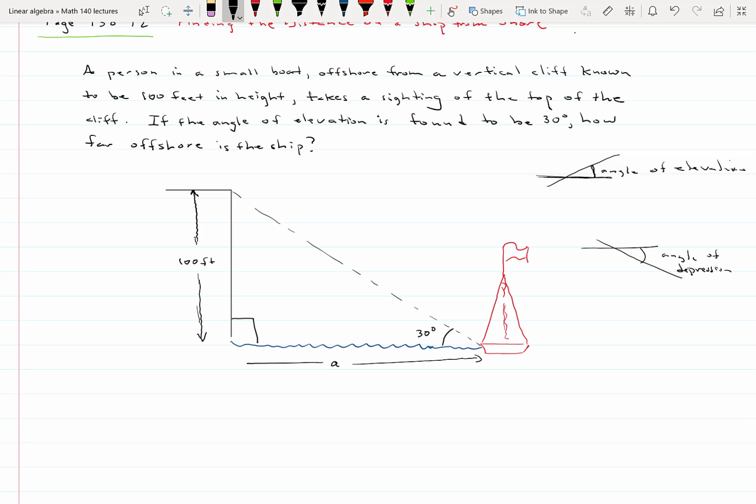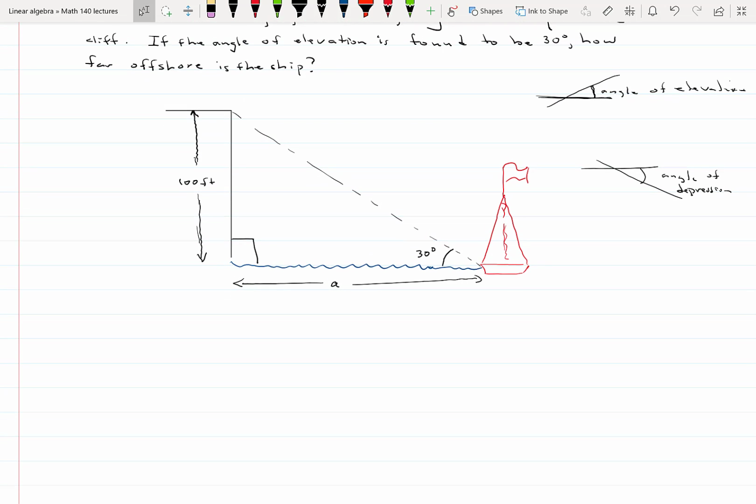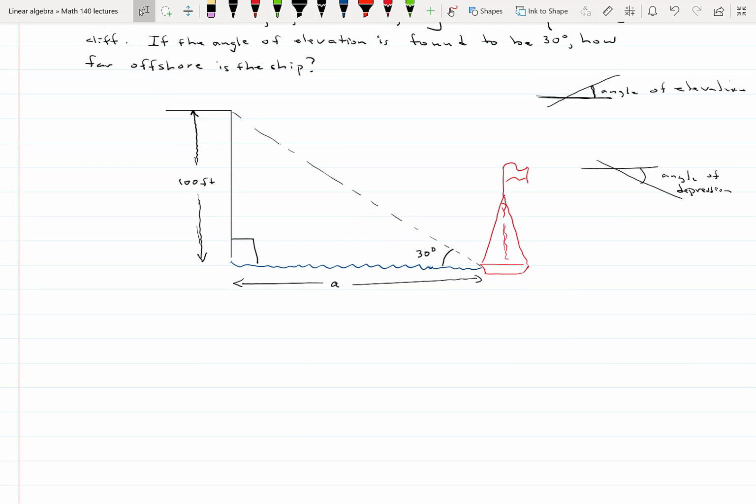then the problem becomes pretty much like the problem we just solved earlier, solving the right triangle, except we don't need the hypotenuse. All we really need is this one part. So the next thing you want to do is try to find a trig function that relates the pieces of information involved here. We have in play the vertical side, the height of the cliff, the side A that we're looking for, and the angle 30.